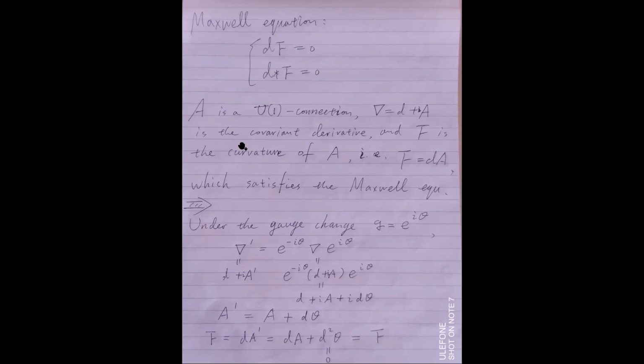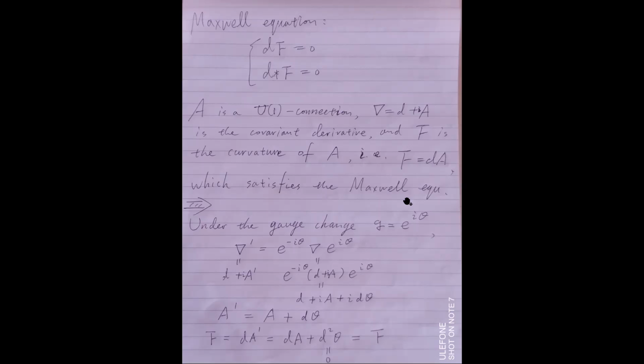This nabla is a covariant derivative, and F is the curvature of this connection, i.e. F equals dA, which satisfies the Maxwell equation. Actually, this Maxwell equation is just the equation for the two form. But furthermore, we want to interpret this two form as a curvature of some connection.